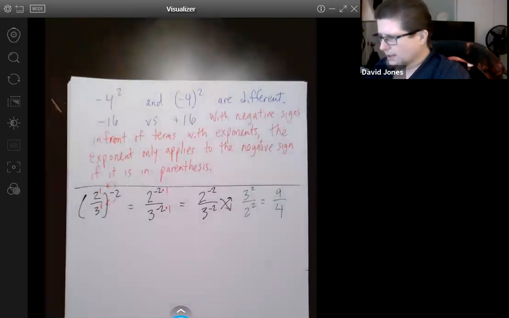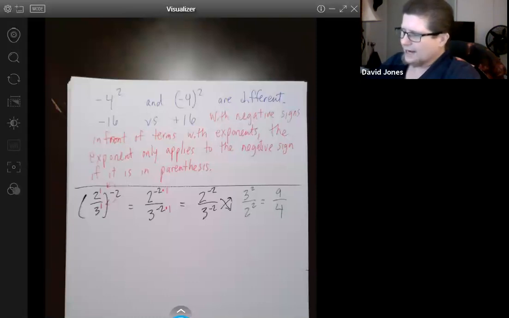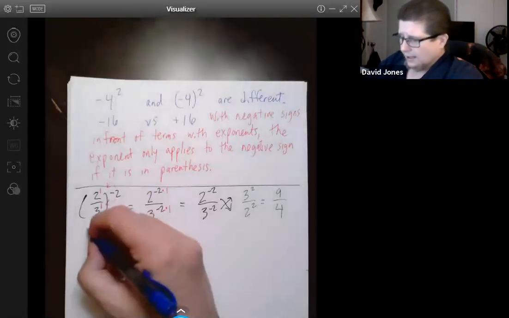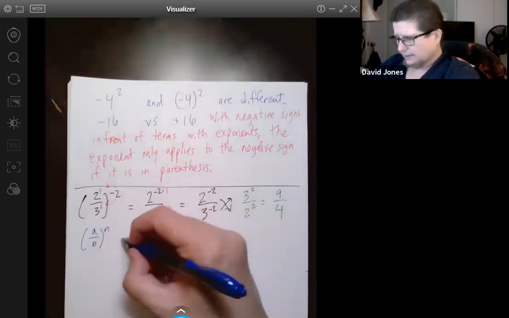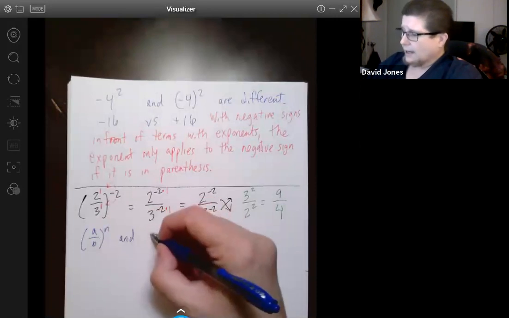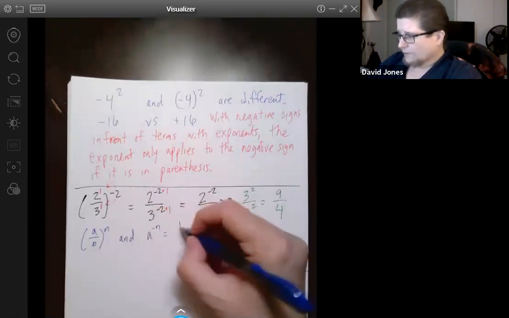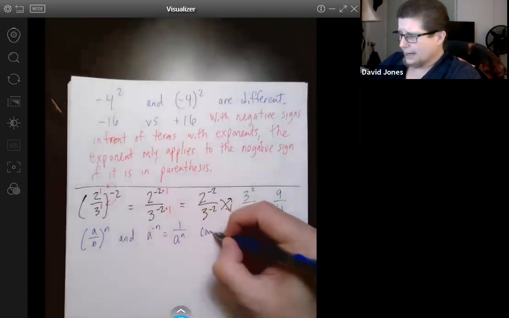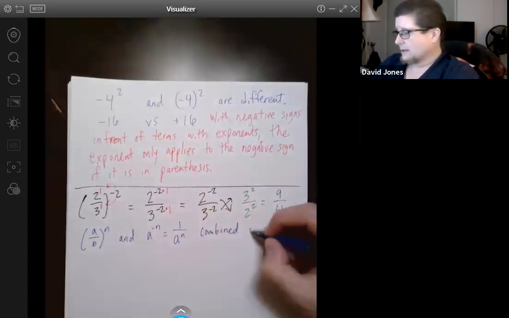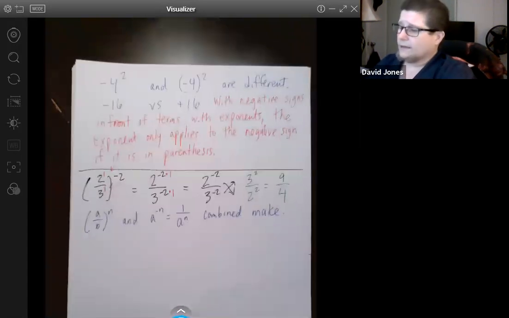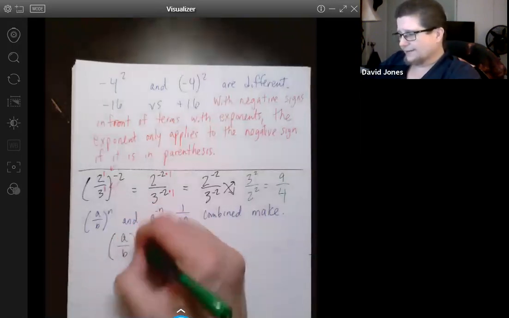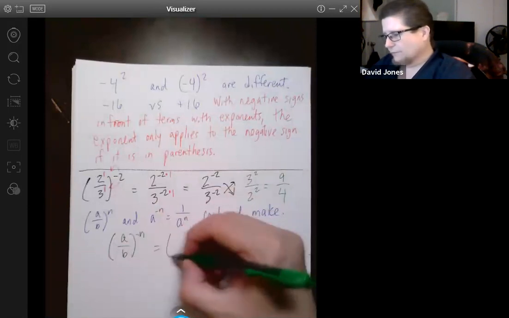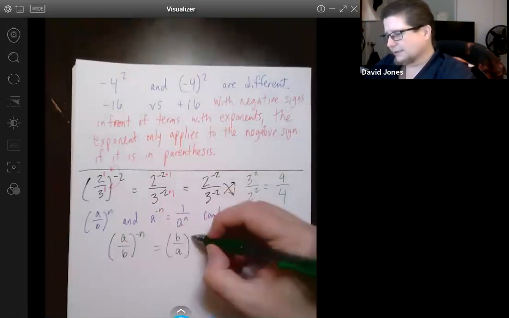So this kind of combines (a over b) to the n and a to the -n equals 1 over a to the n. Combined, if we've got (a over b) to the -n, we can really just flip the fraction and make the exponent positive.